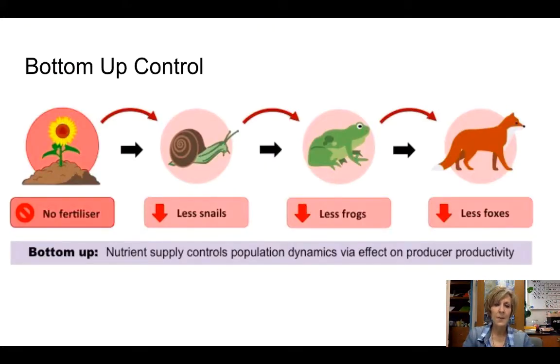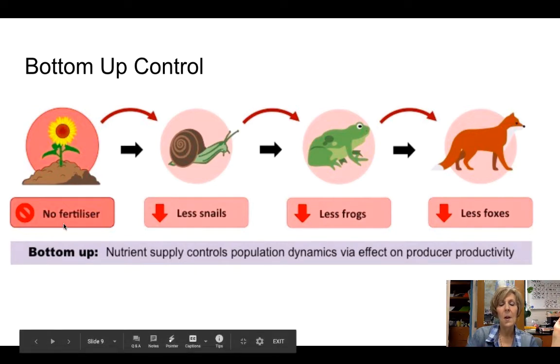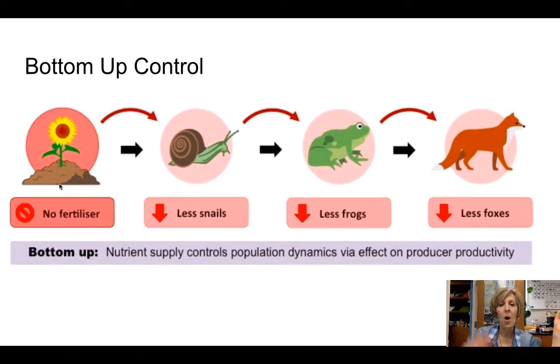So in a bottom-up control, you would focus on the bottom of the trophic levels, right? So the producers. All the other trophic levels are going to be dependent on the producers.